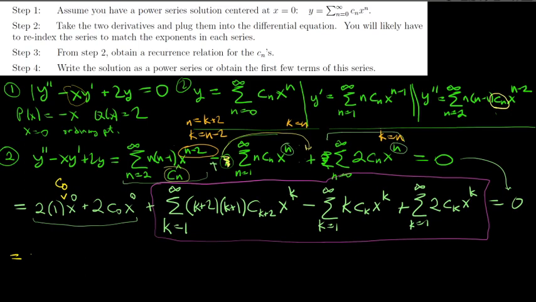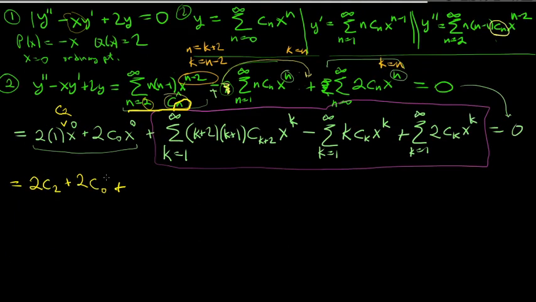Oh, gosh. So you can see how confusing this is. We're starting at n equals 2, so that means this cn here has to be c2, not c0, because we're starting at 2. So this is 2 times c2 plus 2c0, x to the 0 is 1. Let me try that again. This is 2c sub 0. Okay, so those are the first two terms that we have to write separately.